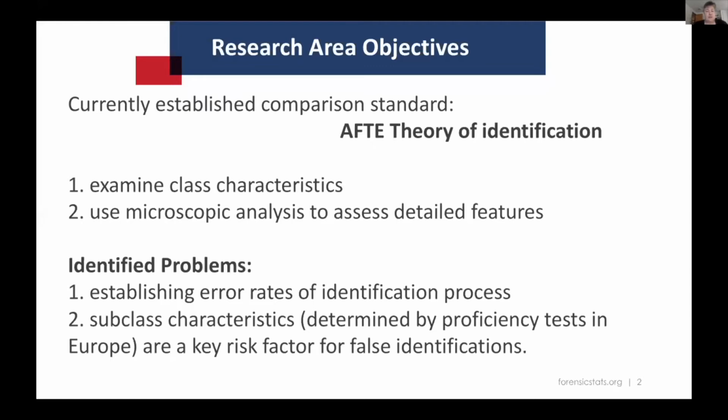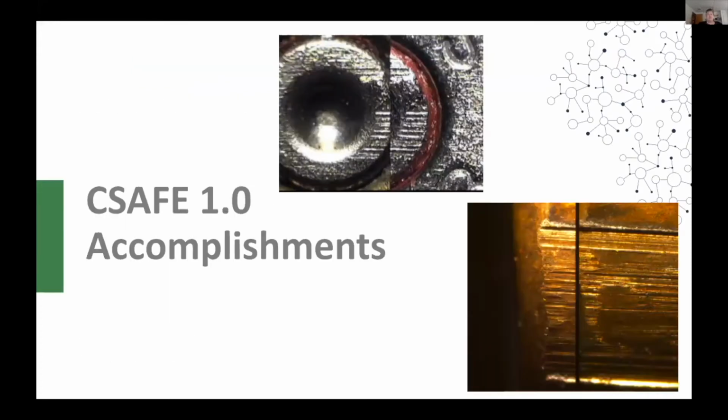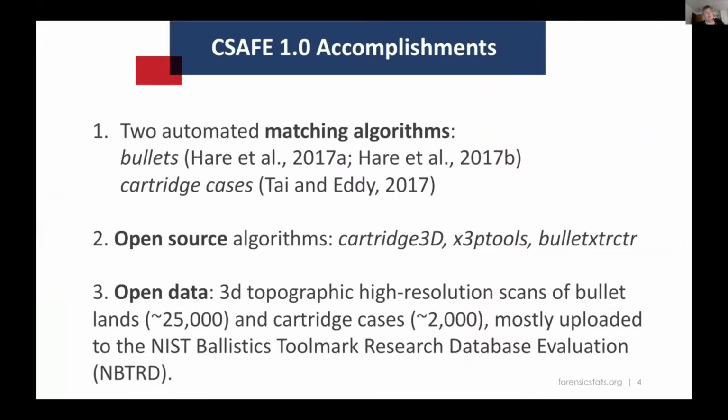So in terms of CSAFE 1.0, our accomplishments. So what did we accomplish? And there's a lot that I would like to talk about. I only have a couple of minutes, so I just want to point out the highlights. So we've come up with 2 automated matching algorithms, one for bullets, the other one for cartridge cases.